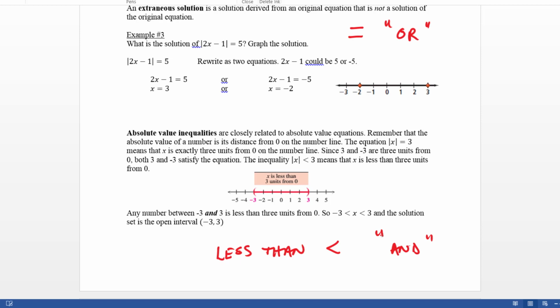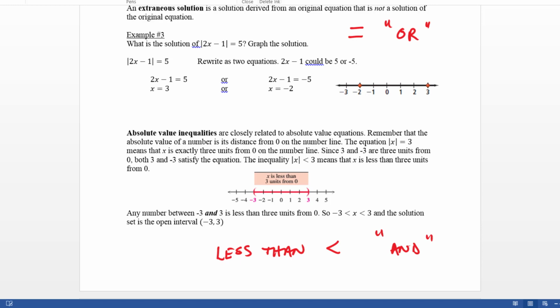And then you can see on the number line in this graphic that it creates a range-bound set of solutions. In this case, from -3 to +3, all those are within or less than 3 units away from the given point of 0.